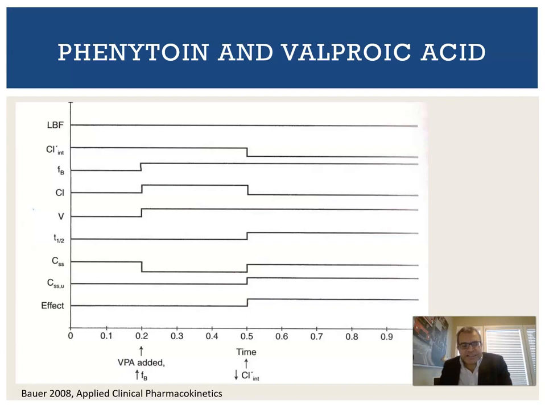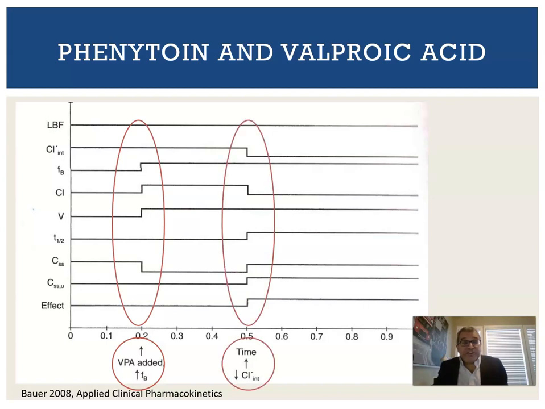When valproic acid is added, initially, valproic acid is highly protein bound. It will displace phenytoin from protein binding, and the free fraction will increase, and this might affect the clearance and the volume of distribution. However, later on, valproic acid will inhibit the metabolism of phenytoin, and this will affect the clearance and so on, and will result in multiple changes in the phenytoin pharmacokinetic parameters. So this is a very complex interaction.